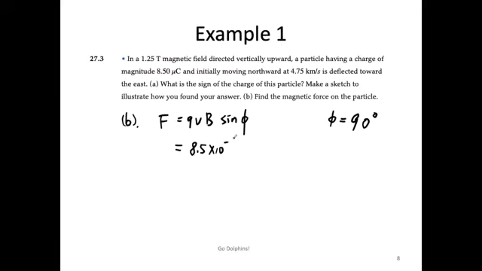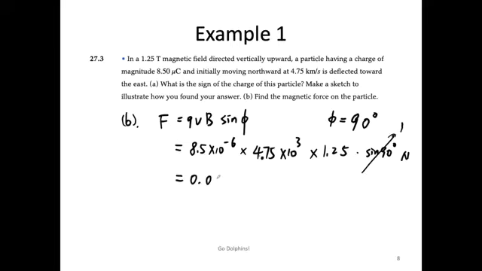So 8.5 times 10 to the negative 6 coulomb, V is 4.75 meter per second, B is 1.25 Tesla, and sine 90 degrees, which really is just one. The unit is Newton. And then we put in all the numbers, we find it is 0.0505 Newton.